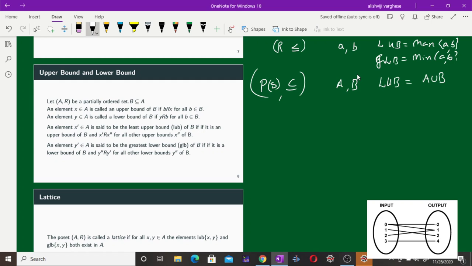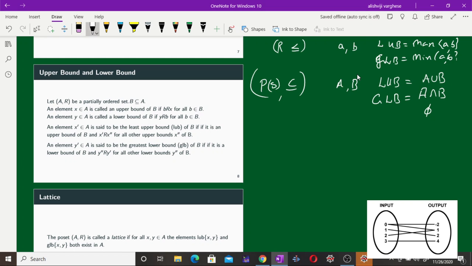So A is a subset of A union B and B is a subset of A union B, and there are many other sets for which A and B are subsets, but A union B is the least one. In a similar way, the greatest lower bound is nothing but A intersection B. A intersection B is a subset of A and a subset of B, and there can be many other sets, like phi.